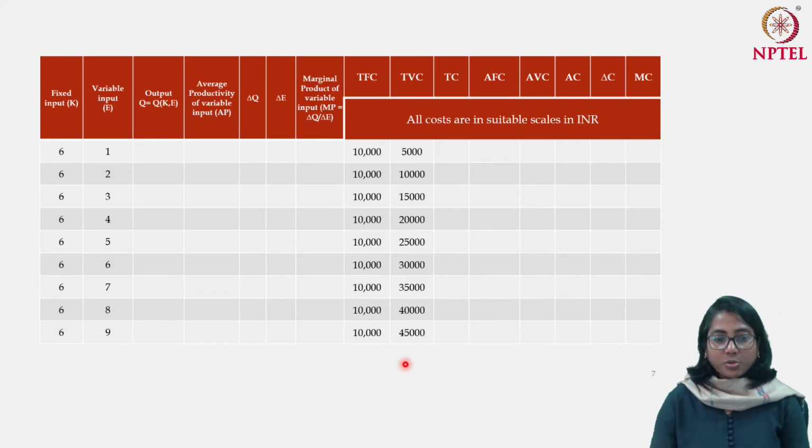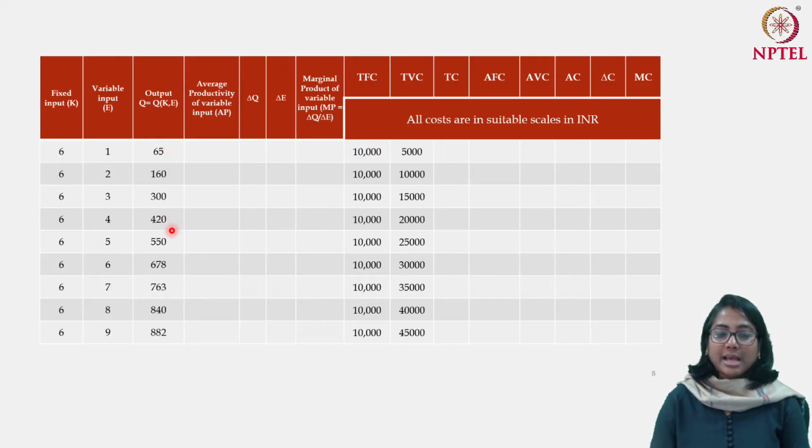Now let us see what is going to be the impact on output. So it grows like this. While keeping the capital constant, as we are increasing the fuel or energy input, our output is actually increasing. For the first unit of variable input, we are producing 65 units of output.